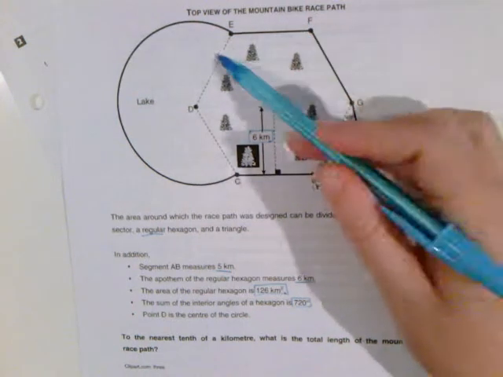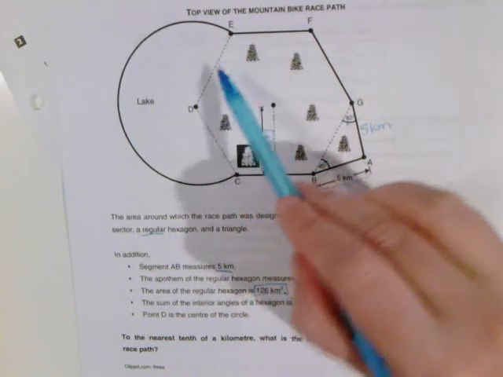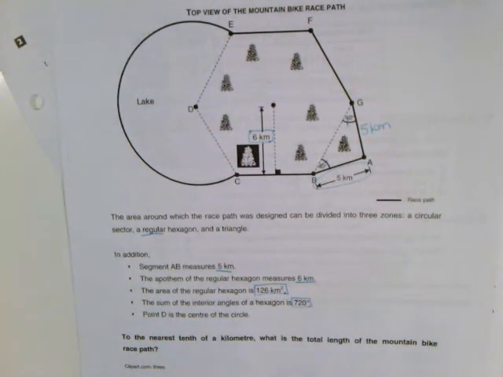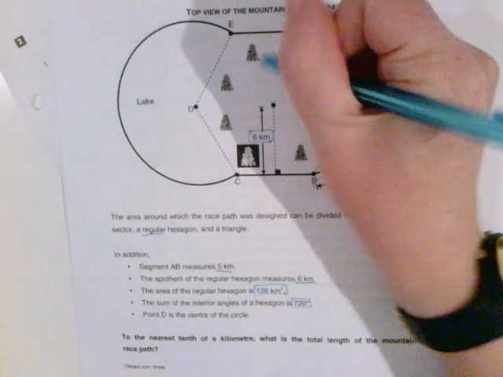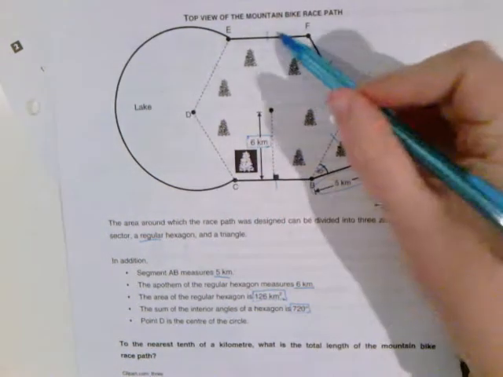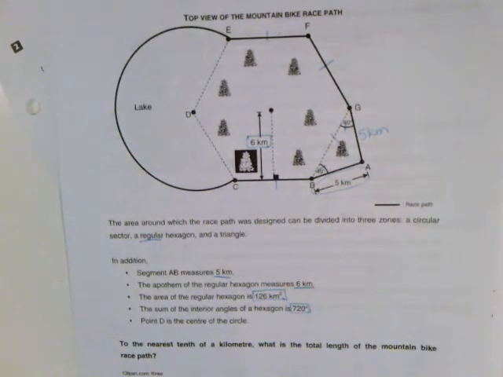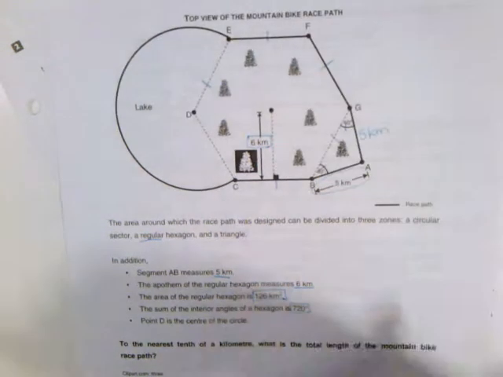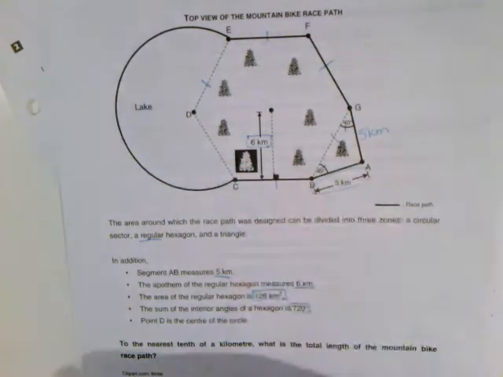And all of these sides will be the same. Once I get that, the side length is also going to be the radius of my circle, okay? We need these three pieces, but we also need it because the side length of the hexagon is also my radius of the circle.